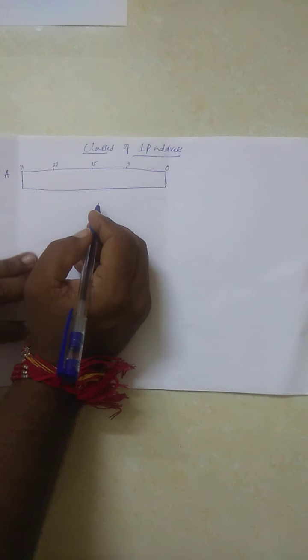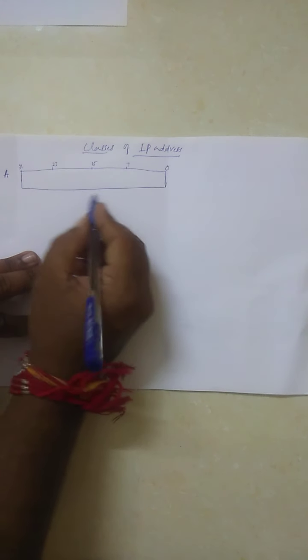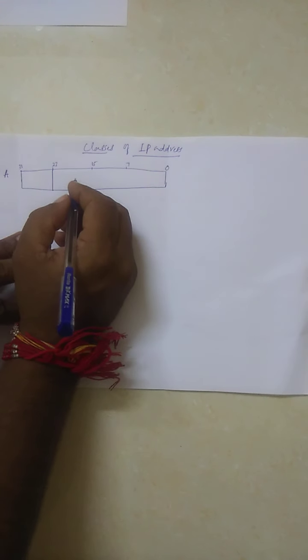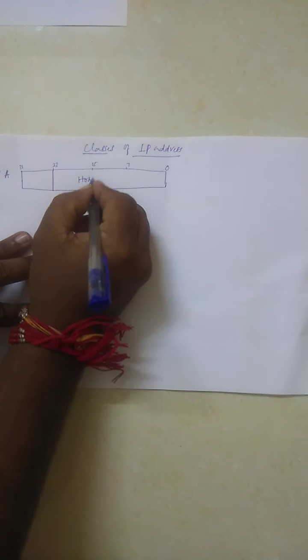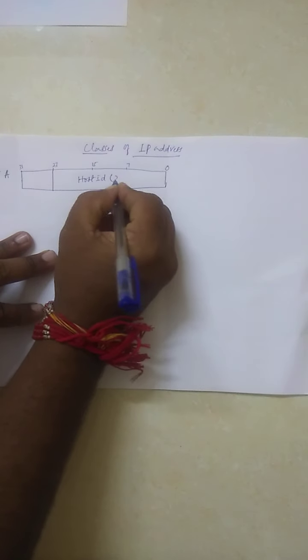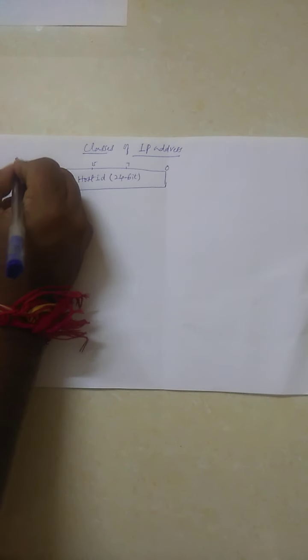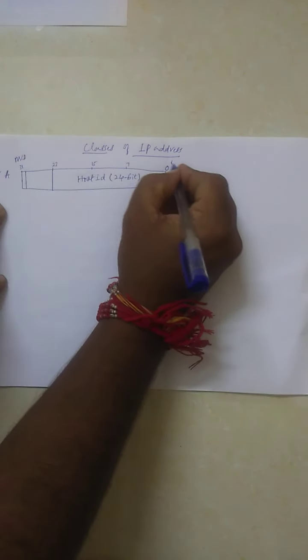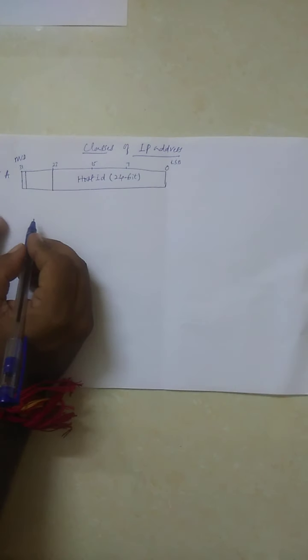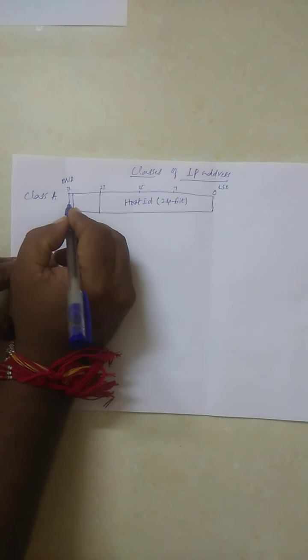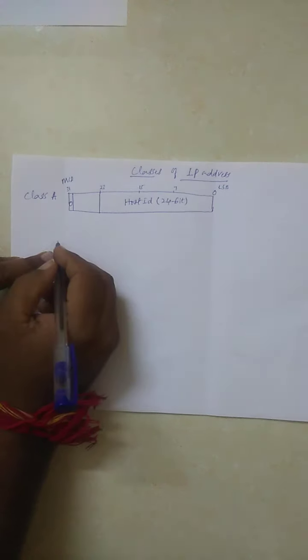In a Class A IP address, host ID has a total of 24 bits. 0 to 23 means this host ID has a total of 24 bits. And in Class A, one MSB bit we use as the class identification bit, which is denoted as 0.